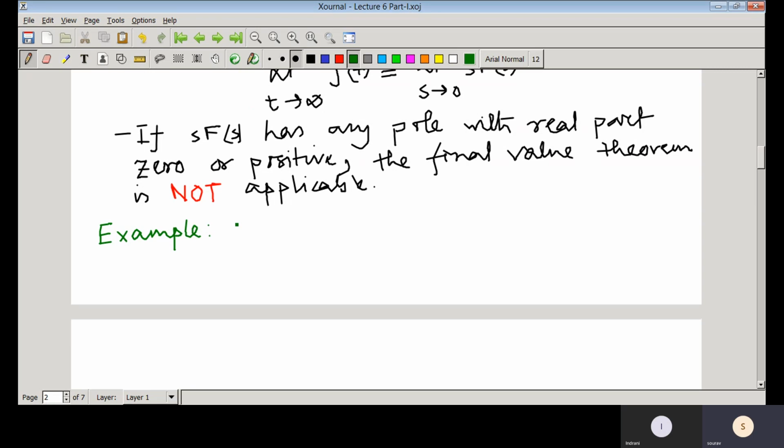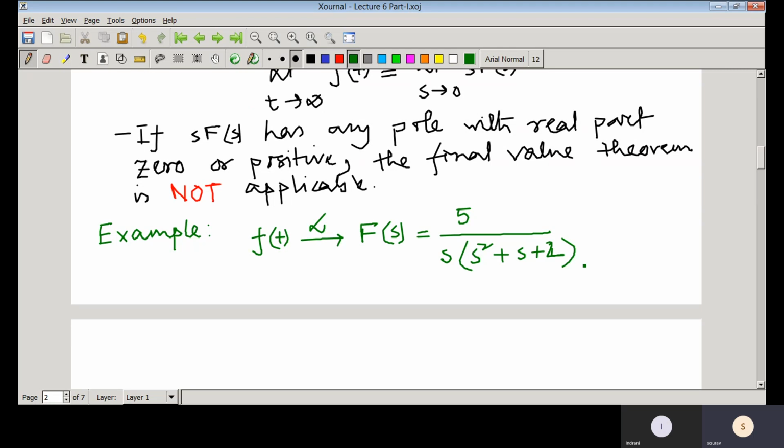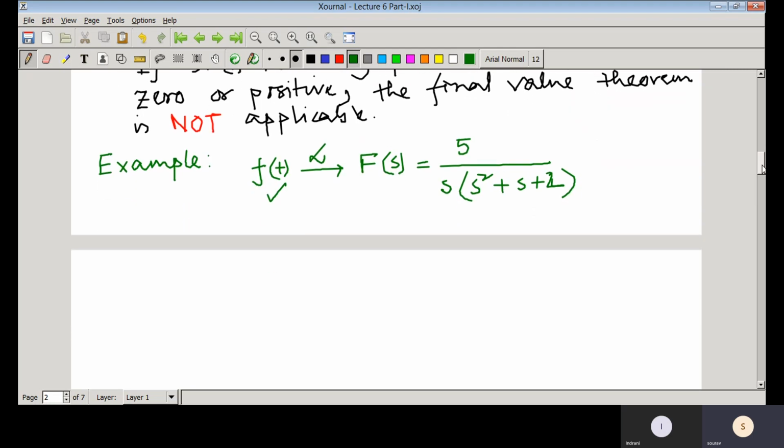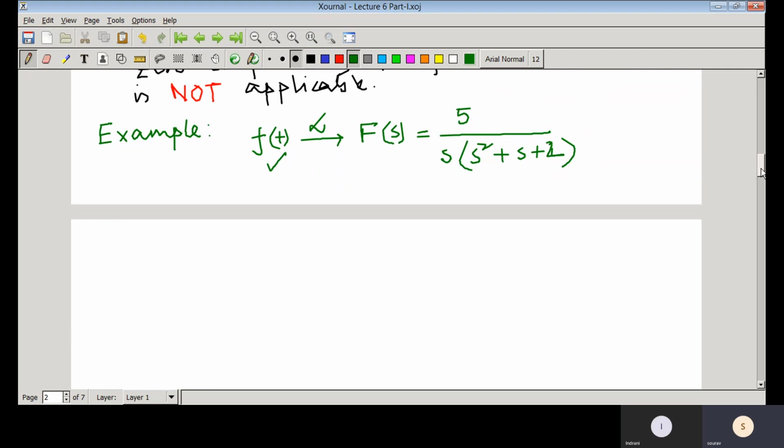Suppose one function is given, and if you take the Laplace transform of that function, you will get F(s). Suppose this F(s) is 5 by s into (s square plus s plus 2). If you are interested in the value of this function when t tends to infinity, we can apply the final value theorem.